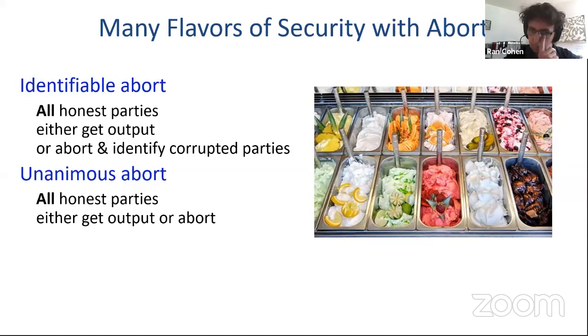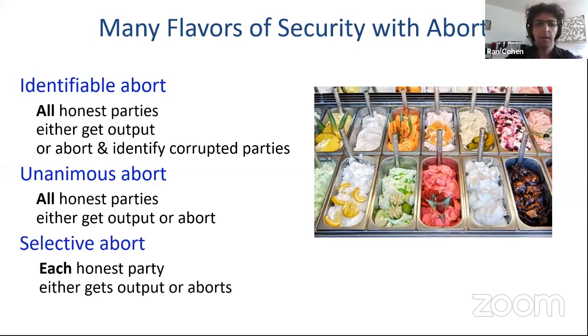So the abort is unanimous. An even weaker relaxation of the definition is security with selective abort or non-unanimous abort. And here it is no longer guaranteed that all honest parties will identify the attack. Each party on its own will either obtain the correct output from the computation or will abort, but the honest parties do not have the ability to know whether the execution went well for everybody or not.